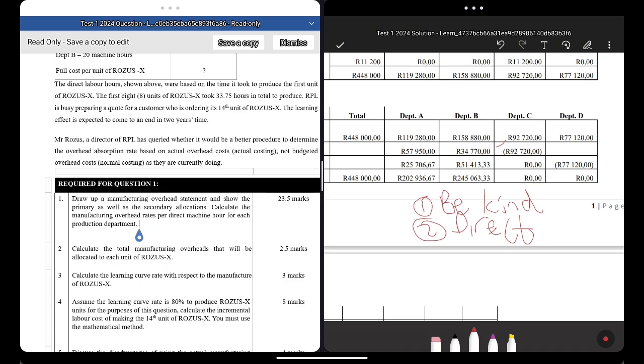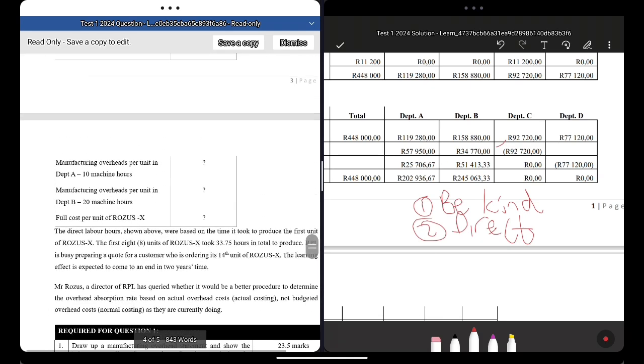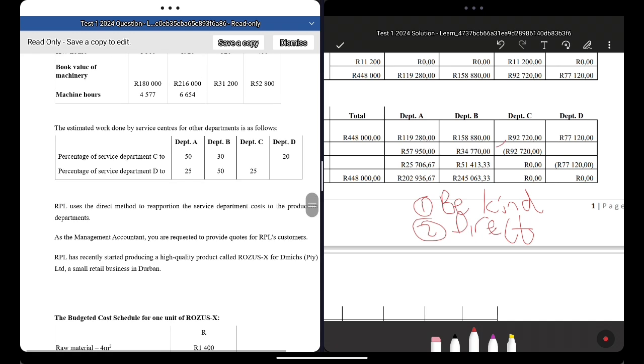You might be wondering where you get all these ratios from. Please look at my previous video, I told you over here. So this is how my calculation will be. 92,720 times, if I'm working with department A, 50 over 100, because 50 plus 30 plus 20 is 100. So 50 over 100, because I'm working with those three amounts.